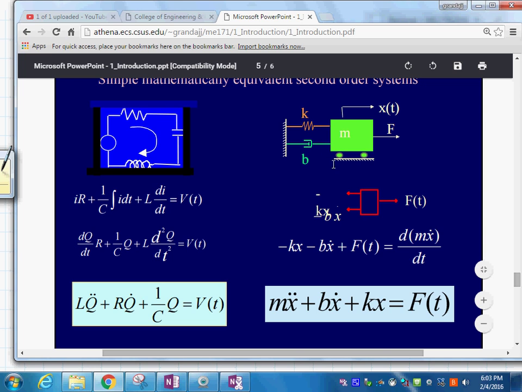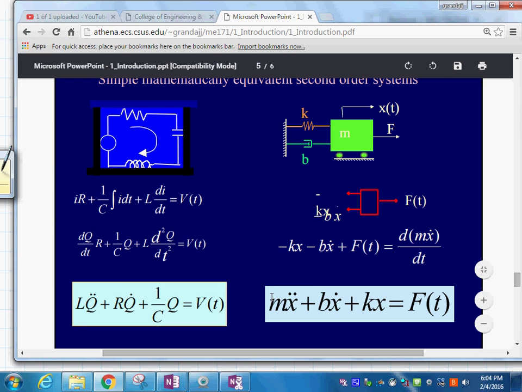On the mechanical side, we have the system itself here. We have done a free body diagram of the system, and the differential equation has been derived by applying Newton's law.